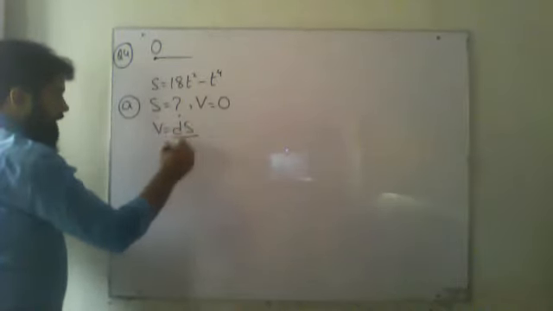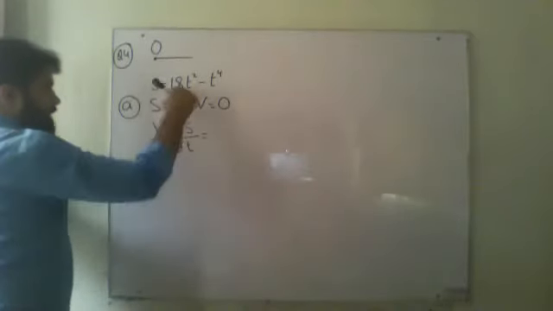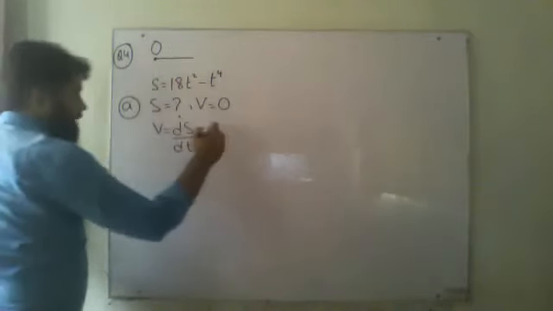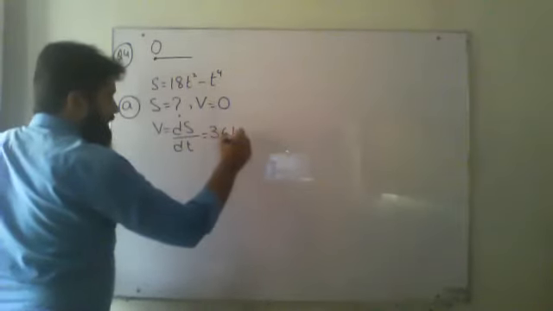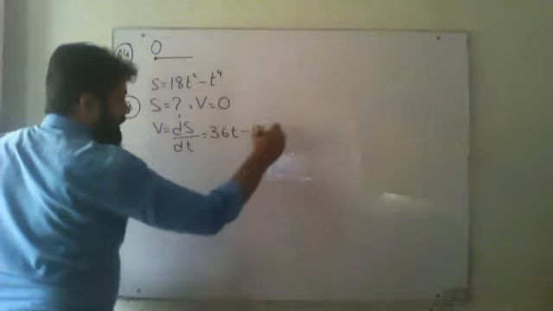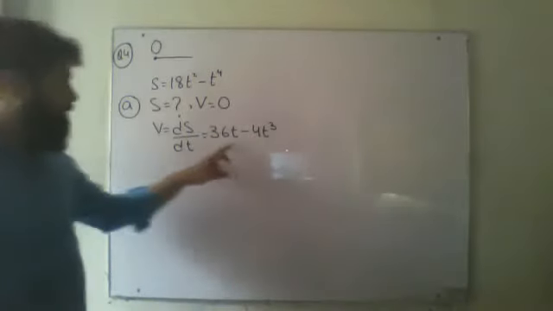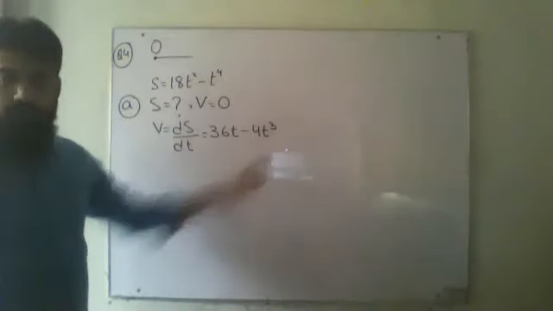ds over dt, differentiation of s with respect to time. So when I differentiate it, this becomes 36t minus 4t cube. V equals ds over dt equals 36t minus 4t cube.